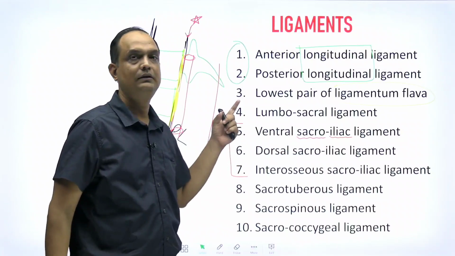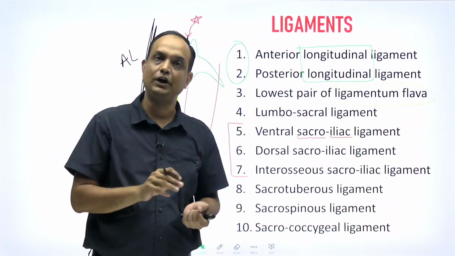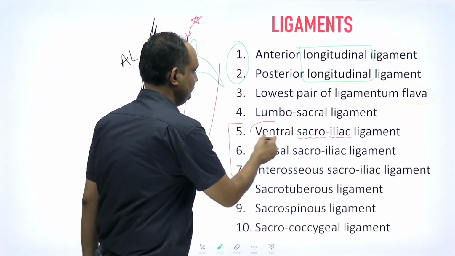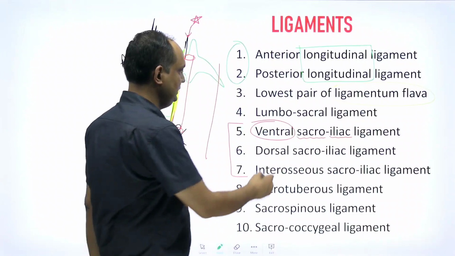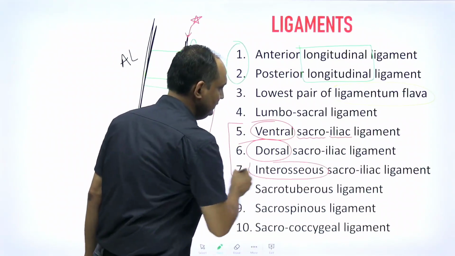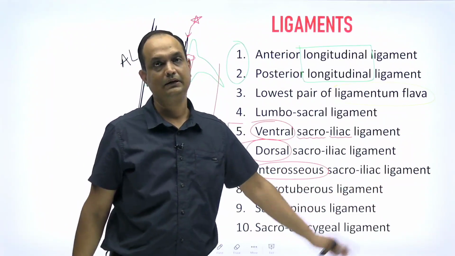It is a ligament present around the sacroiliac joint, and there are three in number. One is present anteriorly, that is known as ventral. One is present posteriorly, that is known as dorsal, and one is present in between, that is the interosseous sacroiliac ligament. Clear?